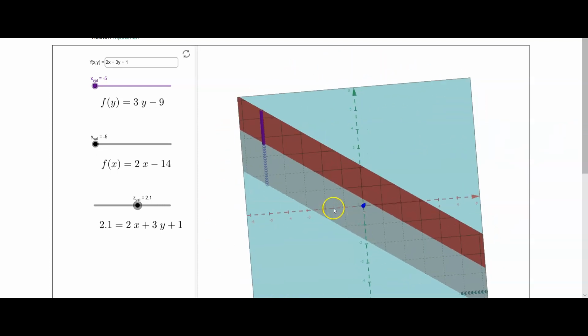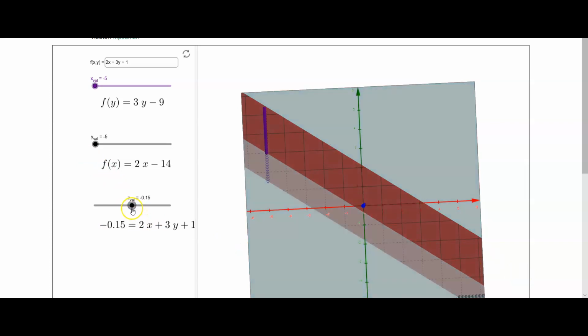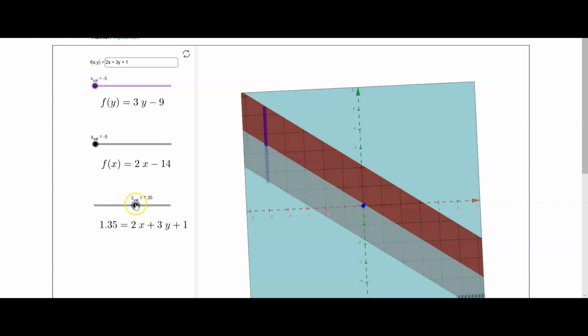There we go. We can see where this line intersects when z is 0. This line has that slope of negative 2/3, and this point right here is y equals negative 1/3.